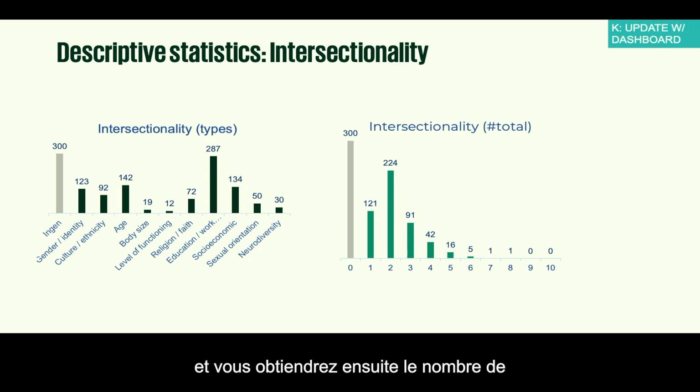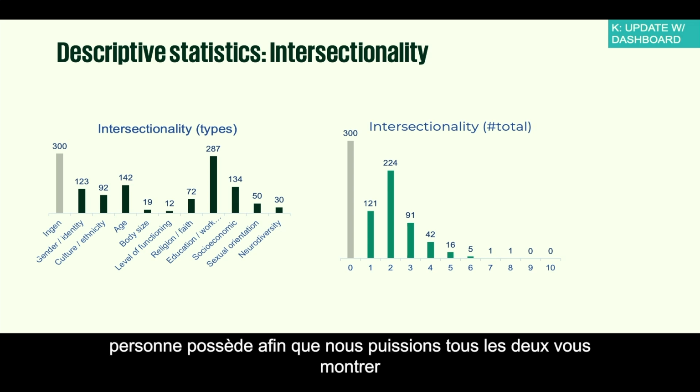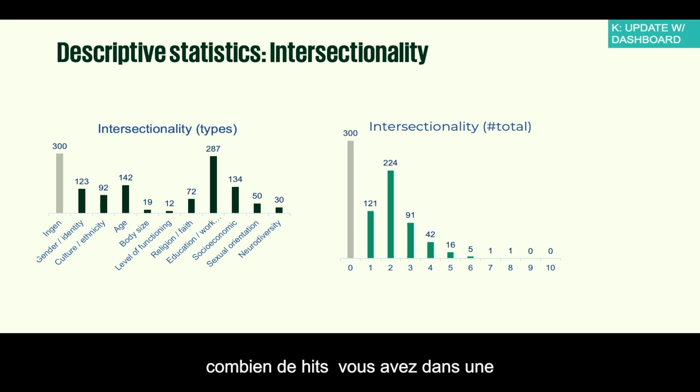Then you get the number of intersectionality categories each person has. We can show how many diversity hits you have in an organization.